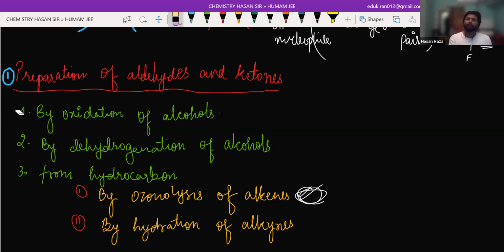And if you react methanal with the Grignard reagent followed by hydrolysis, then you will get primary alcohol. And when you react ketone, any member of ketone, with Grignard reagent followed by hydrolysis, then you will get tertiary alcohol.